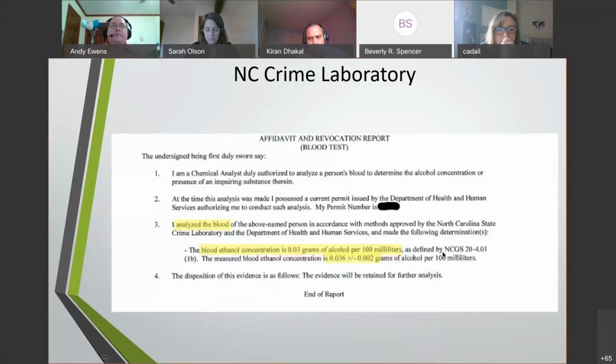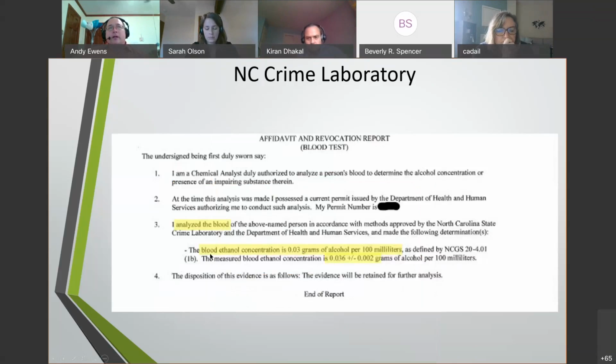Zoom in here. It's an affidavit talking about the analyst, that the analyst has an active permit to run the tests. And then in this third paragraph, they start to say what they tested was blood. And then down here, these are the results.